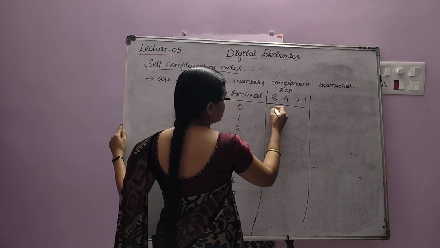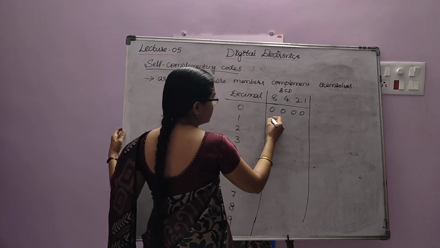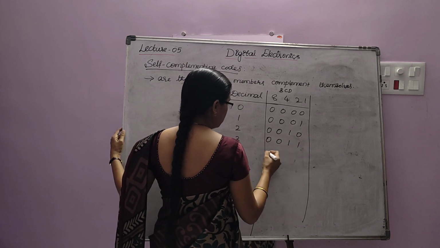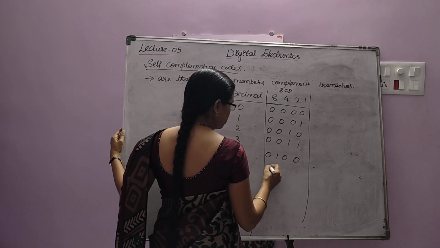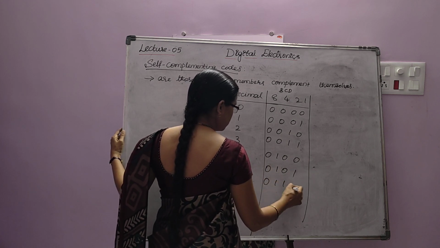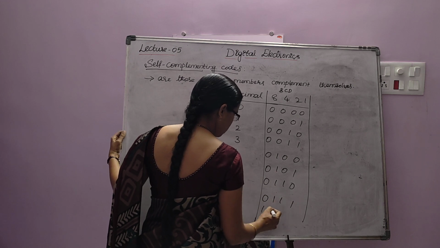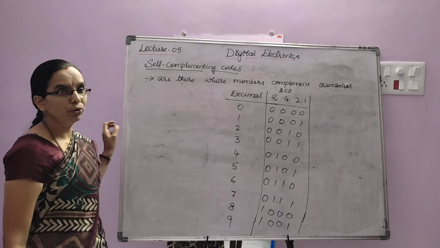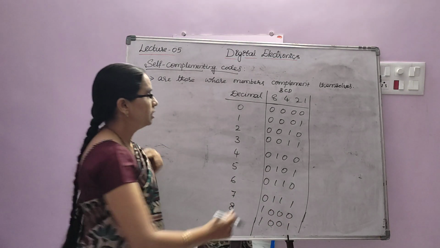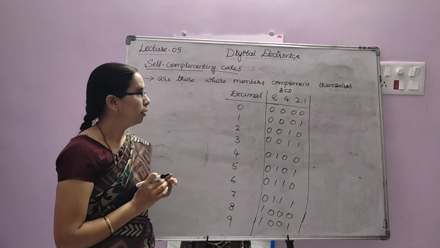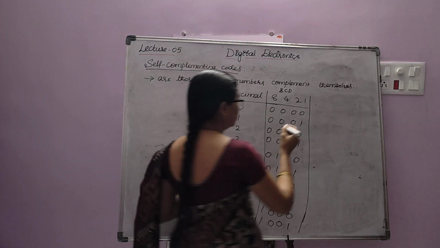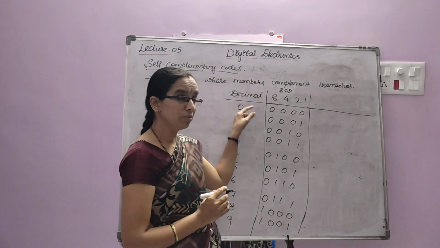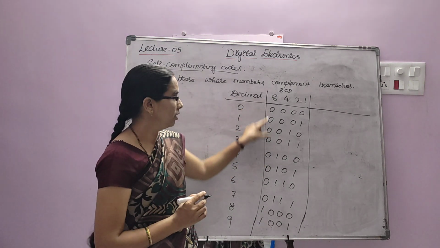That is 0000. 1 is 0001. 2 is 0010. 3 is 0011. 4 is 0100. 0101, 0110, 0111, 1000 and 1001 is the 8421 BCD equivalent of 5 to 9. This is the 8421 code, or BCD, binary coded decimal. So any decimal value can be represented using BCD using these 10 combinations.